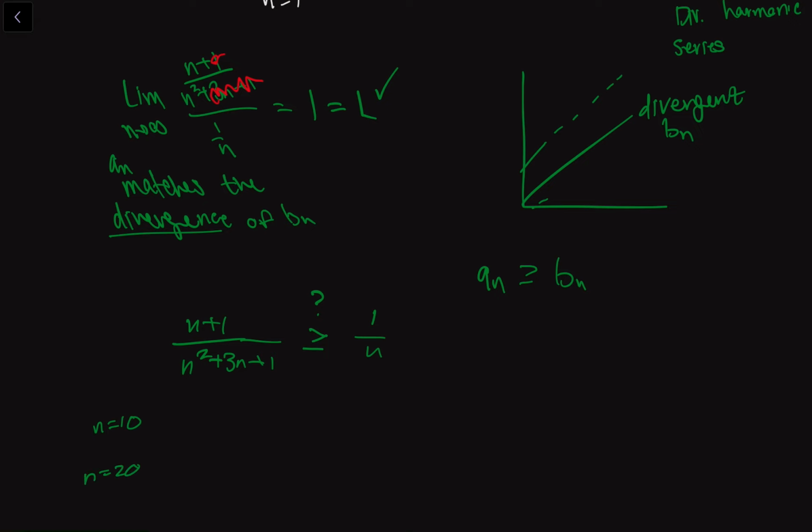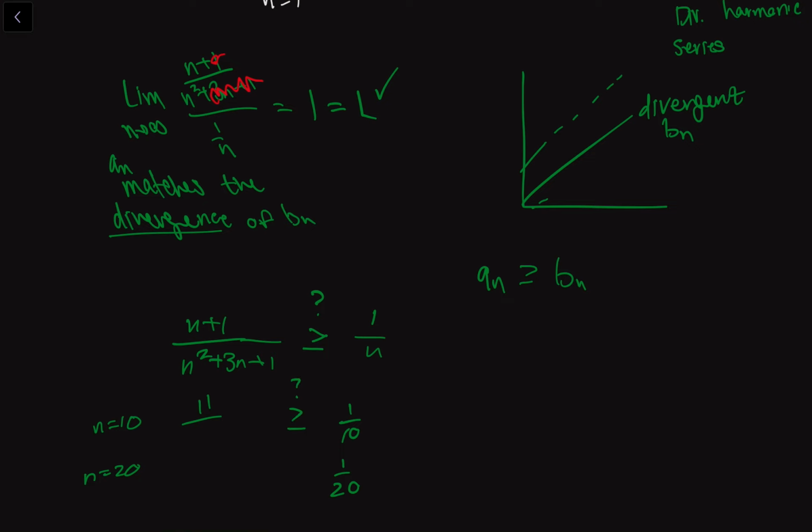Let's look at 2 terms pretty far down the line. I mean, it's not infinity far down the line, right? But if we look at 10 terms in and then 20 terms in, we can probably determine if it's going to be greater than or equal to 1 over n. So obviously when n equals 10, we have 1/10 and 1/20th for that one. That one's easy. And like I said, we want this fraction to be greater than.